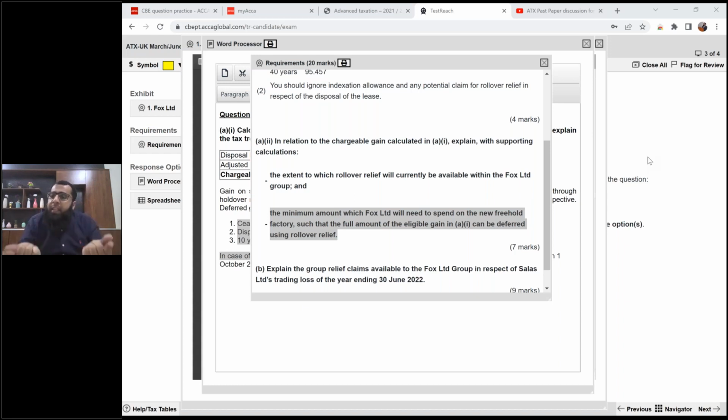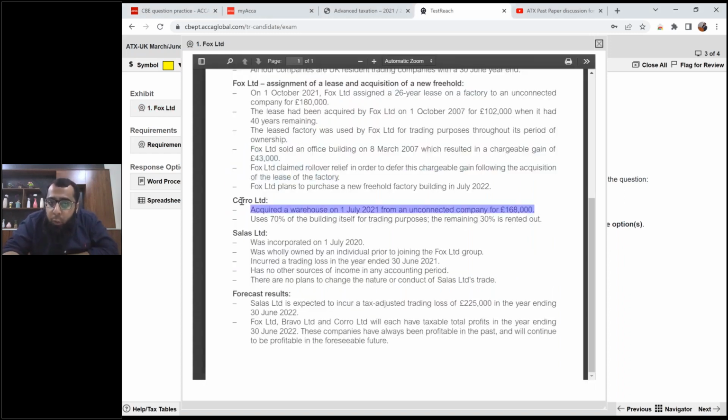Within the group, the assets are exempted. In this question, the reinvestment is not made within the group. Coro Limited has acquired a warehouse from an unconnected company. Inside the group, the transactions are exempted. So how will it qualify for rollover? One of the group companies has made a reinvestment, and by reinvestment we mean in a separate asset.